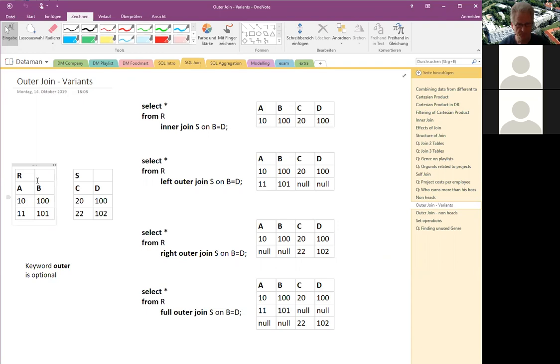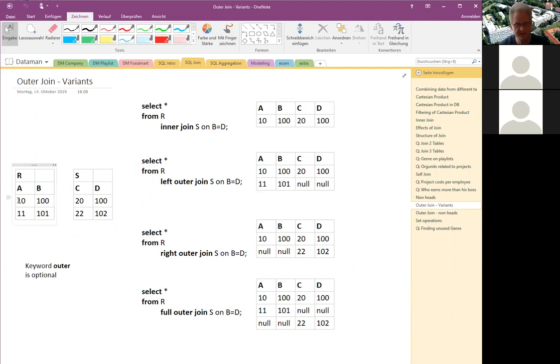Again, we have these 2 tables, R and S, with slightly different records in them here. Let's first take our well-known inner join. Building the inner join, we take the first record from table R, 10, 100, connected with 20, 100, and 100 equals 100. So this record appears in the result: 10, 100, 20, 100.